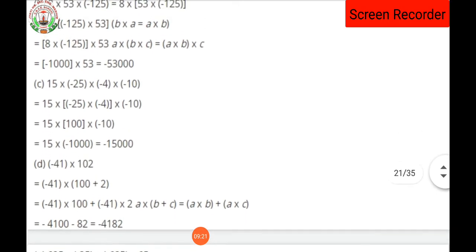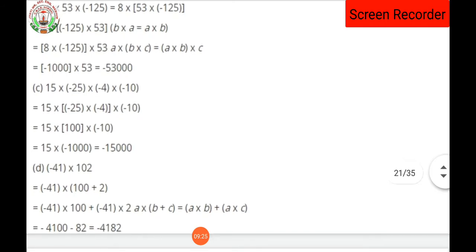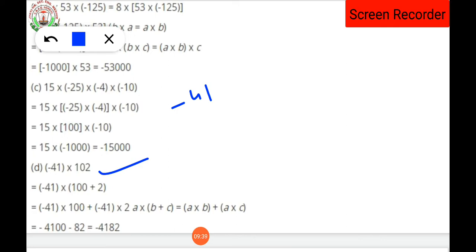Then the D part of the question. What is the D part of the question? Minus 41 into 102. This type of question you had already studied in class 6th. Since we are having only two terms, we have minus 41 into 102.